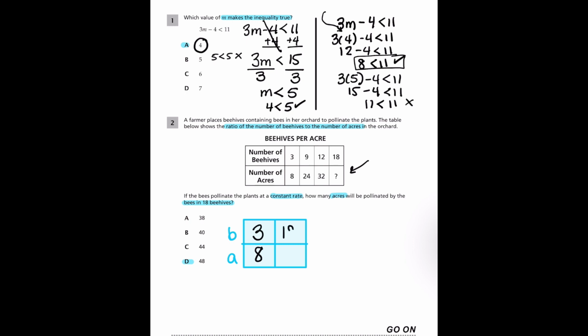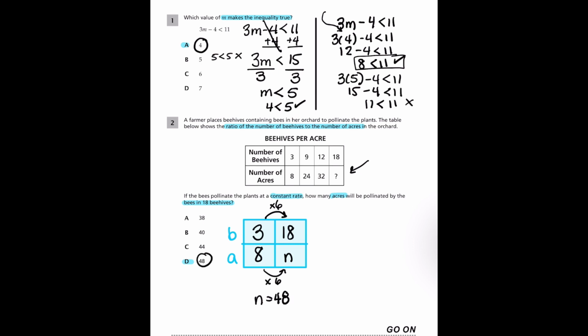I want to know when I have 18 beehives, how many acres. So just looking at this, thinking about the ratio, how many times is a proportional relationship? I know that to get from 3 to 18, I can multiply by 6. So I'm going to do the same thing over here, multiply it by 6. 8 times 6 is 48. N is equal to 48. That's one way to solve it.